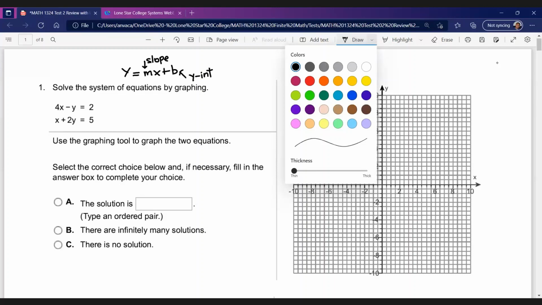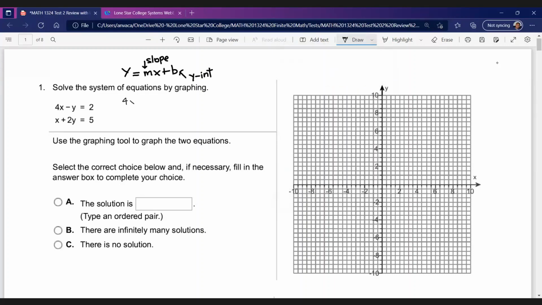All right, so here we have 4x minus y is equal to 2. So we could add y to both sides and get 4x is equal to y plus 2.